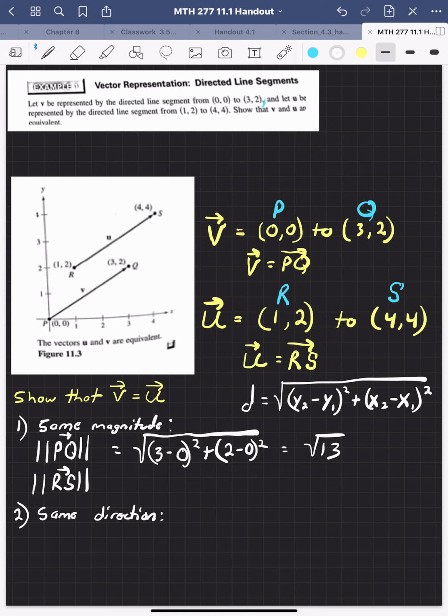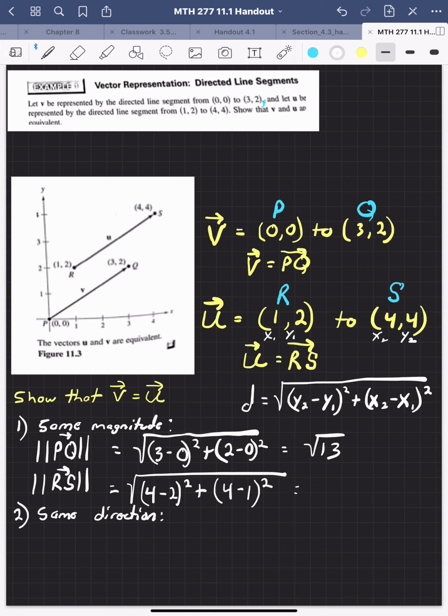Let's do the same thing, now moving from R to S. Again, going through labeling, x sub 1, y sub 1, x sub 2, y sub 2, and plugging in. So I have 4 minus 2 squared plus 4 minus 1 squared.